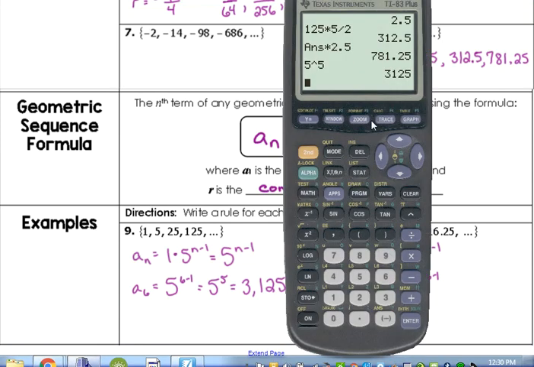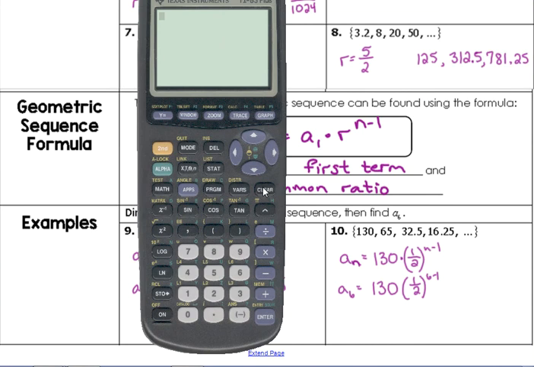Now, be careful when you put this in your calculator. For me personally, subtracting 1 is not a big deal. So I'm just going to go ahead and do that part. Put the 1/2 in parentheses and raise it to the 5th. Because if you don't do that part in your head or by hand or however you want to look at it, then what your calculator is going to do is follow order of operations.